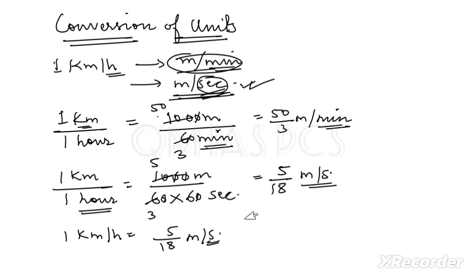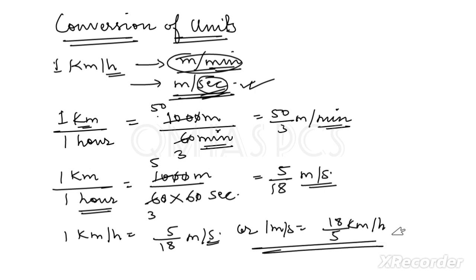Or if you want to write the reciprocal, 1 meter per second is equal to 18 by 5 kilometer per hour. So you can convert based on this. Whatever I have told you is the very basic thing, the main concept.